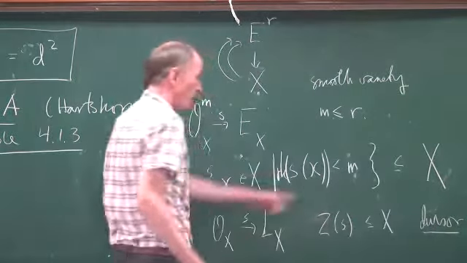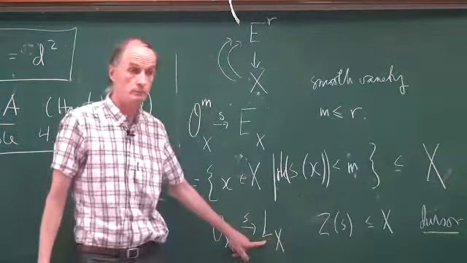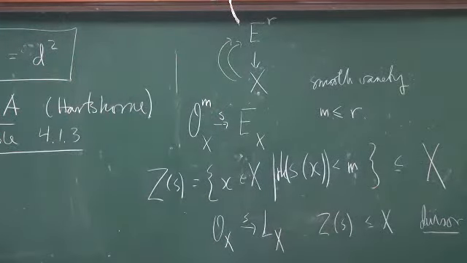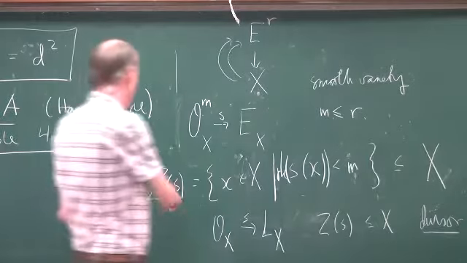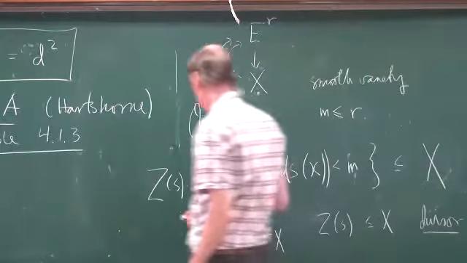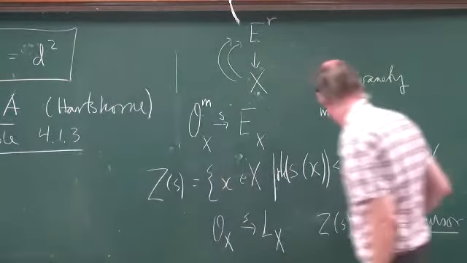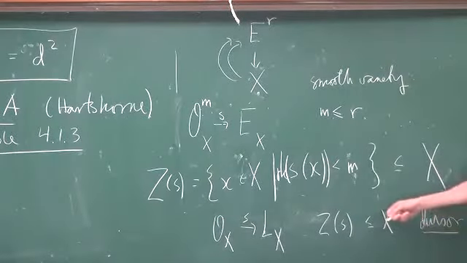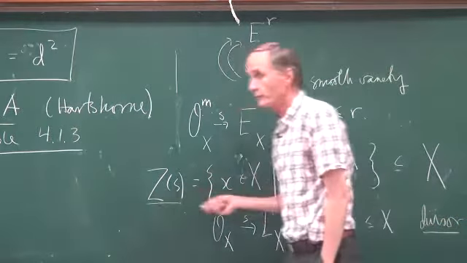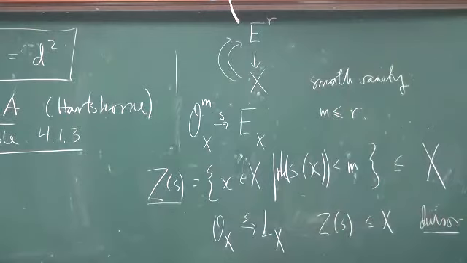And this is the divisor that you associate to L. So this divisor moves in the linear equivalence class. Similarly, this cycle moves in the rational equivalence class on X.